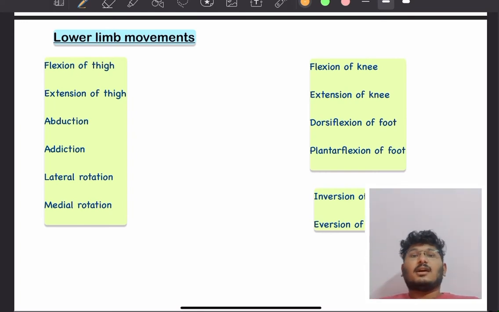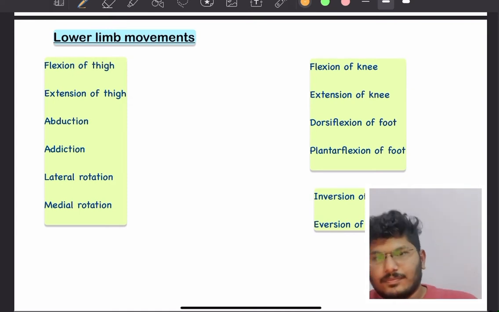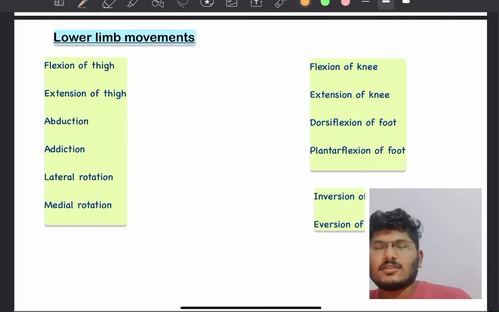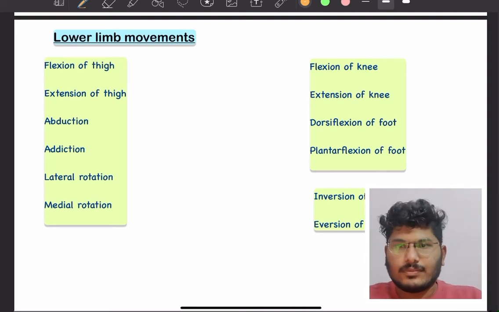This is flexion of the thigh. So the angle between the articular surfaces of the hip joint is decreasing in flexion of the thigh. Extension of the thigh: from flexion you increase the angle, that is standing still. That is extension of the thigh.